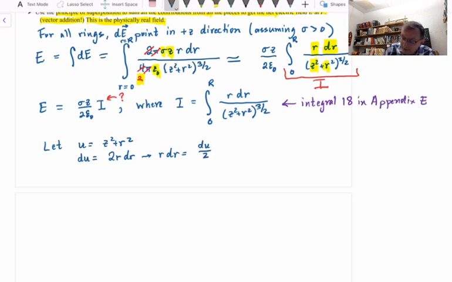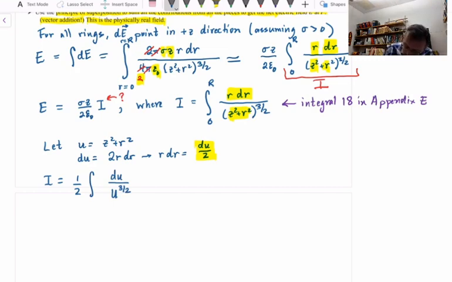And so back up in my original integral, where I have an r dr upstairs, I can replace it with a du over 2. And then downstairs, where I have this z squared plus r squared, I can just replace it with u. So now the integral I looks like this. I'm bringing the 1/2 out front. I have a du upstairs and a u to the 3 halves downstairs.